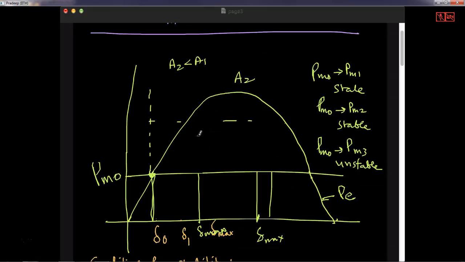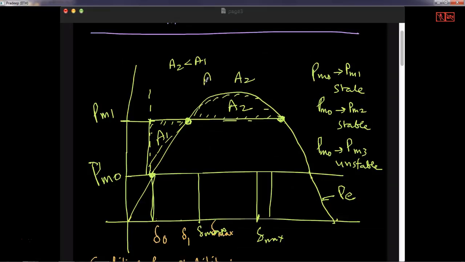Let me just roughly check it. I will choose a point PM1 as my maximum point, where this entire area is utilized. So this complete area is A2, this complete area is A1. So under this condition, A1 equal to A2. So this is the extreme condition. Under this extreme condition, both areas are equal.